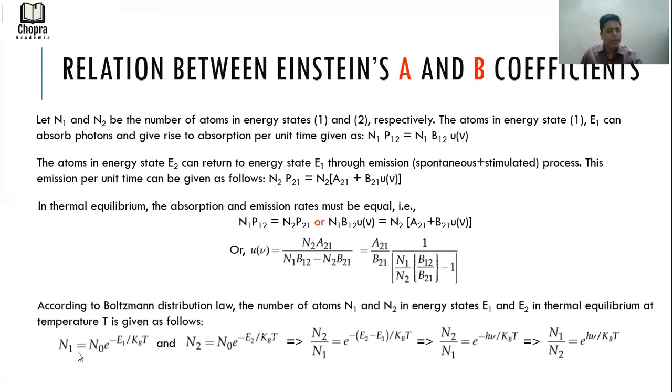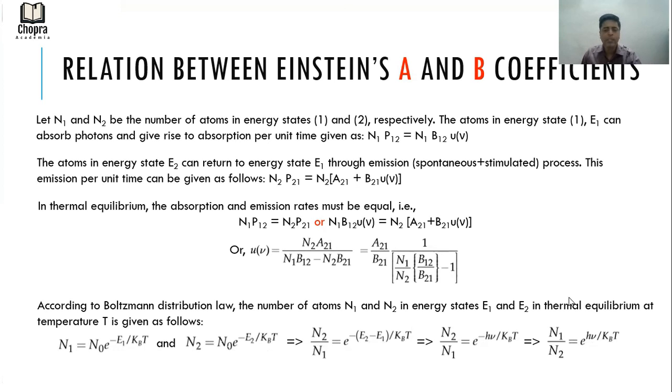If we divide these, we get N2 by N1 as e to the power minus (E2 minus E1) by kT, which implies N1 by N2 is equal to e to the power h nu by kT, where I have used E2 minus E1 is equal to h nu. We substitute this back in the equation of energy density. Hence we get U nu is equal to A21 by B21 into 1 by (e to the power h nu by kT times B12 by B21 minus 1).